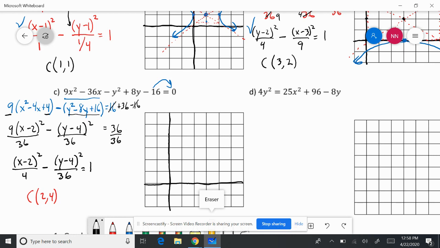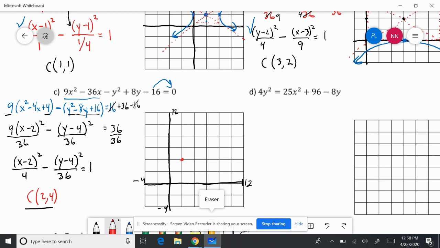So 2, 4, 6, 8, 10, 12, and 2, 4, 6, 8, 10, 12. So the center being (2, 4) is going to be 2 and 4 right here.